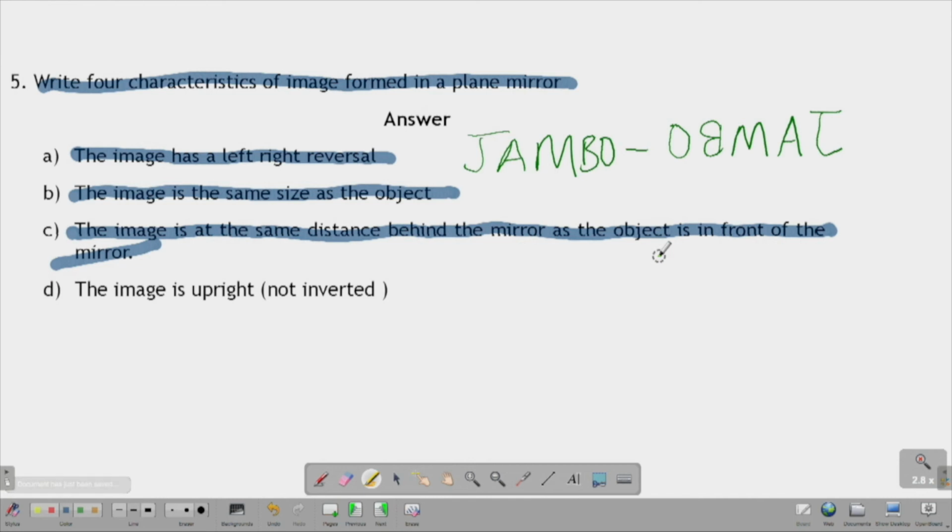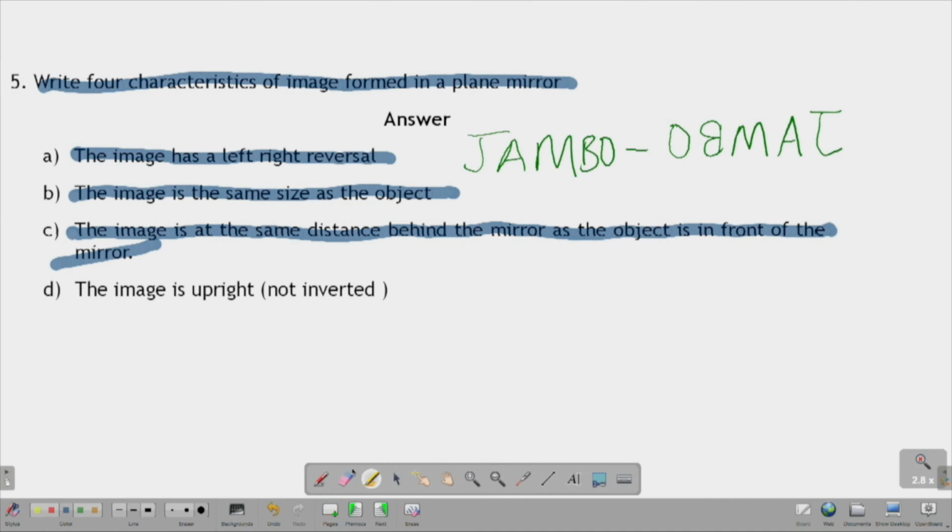It's not like you are close to the mirror and then the image shows you are very far from the mirror. No. The image is formed the same distance behind the mirror as the object is in front of the mirror.